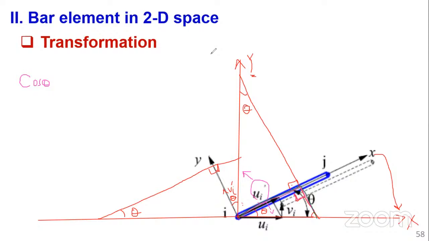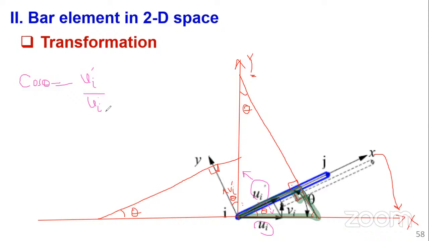Let me use a thicker line, a little bit thicker. So I'm using this triangle here. Okay. And this right angle. So when I say cos theta here, I'll be talking of the adjacent, which is ui prime, over the hypotenuse, which is equal to ui.